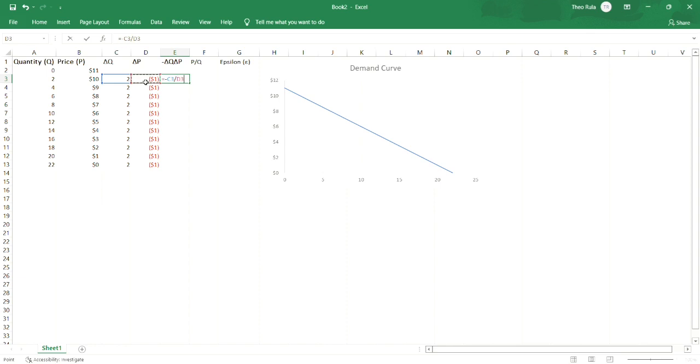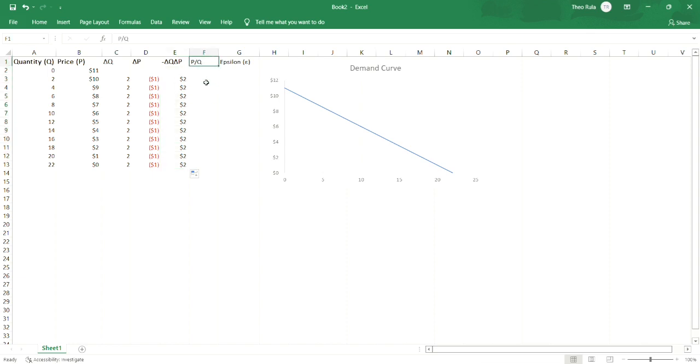C3 over D3 equals $2. Now you click on the square and drag it down, and now you have the complete data for negative delta Q over delta P.